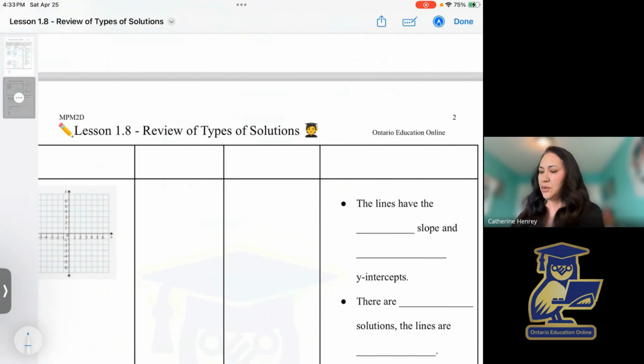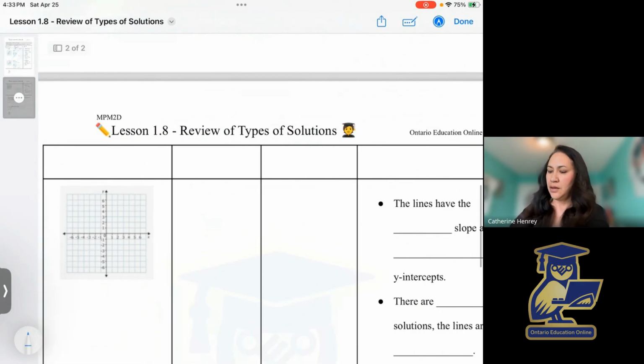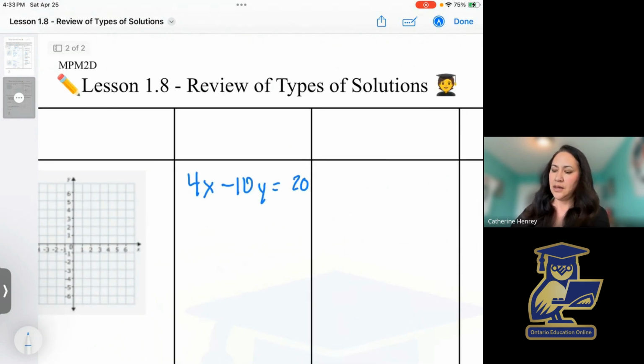And the equation that we were using here was 4x minus 10y equals 20. Negative 10y equals negative 4x plus 20. And I'm going to divide through by negative 10.